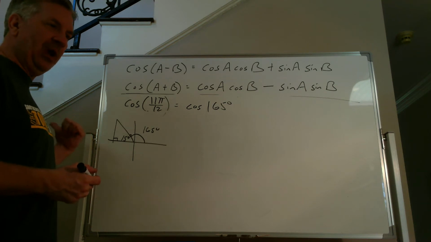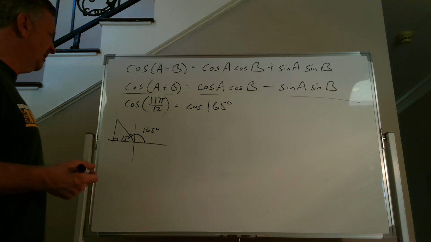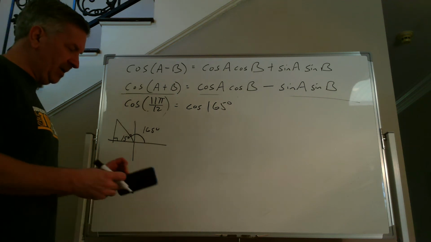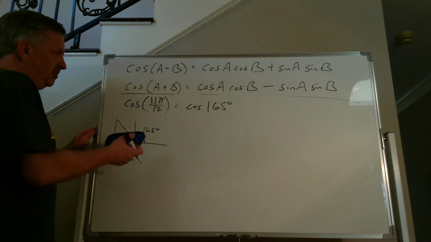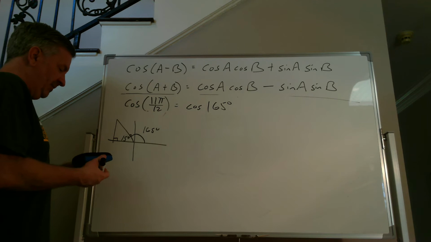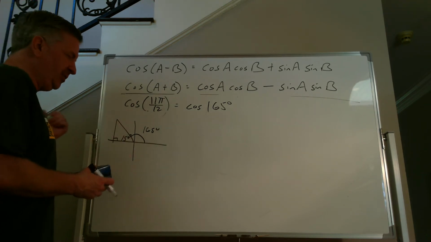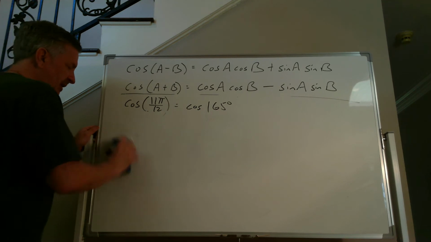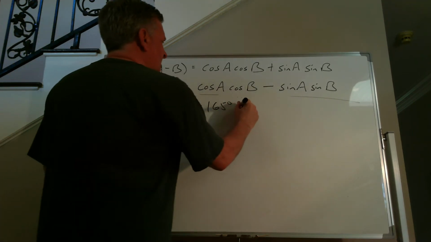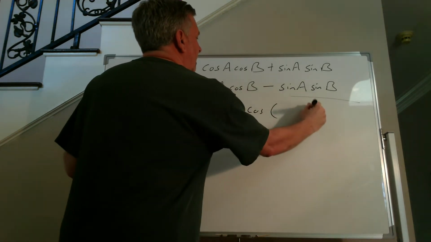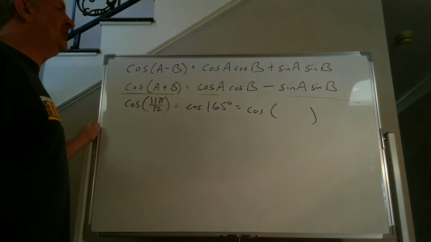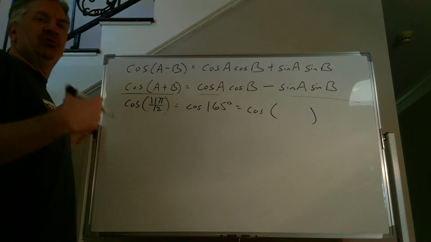Notice in the previous problem, we did the 15 degrees. So it's not like we're going to get a whole bunch of new ones this way. We're only going to do ones with reference angles of 15 and 75. So this clearly is not one with a special triangle. We cannot do this from chapter 2. So we need to rewrite 165 degrees as a sum or difference of two angles you know you can do.